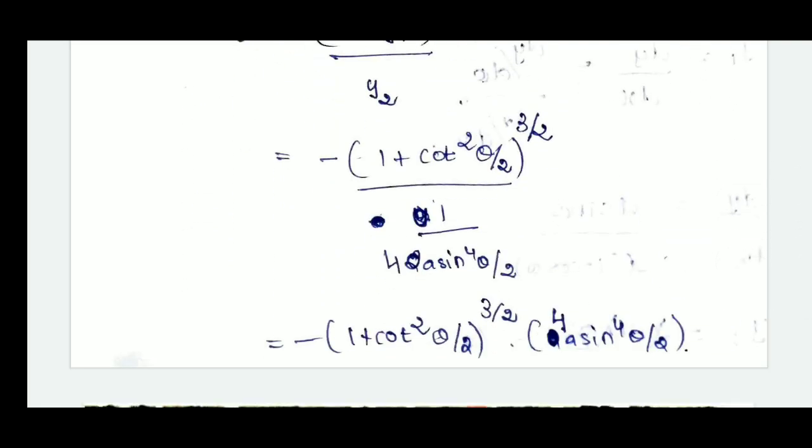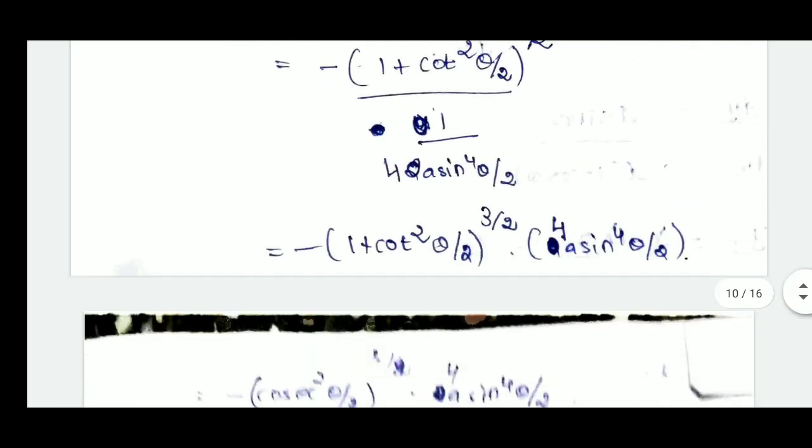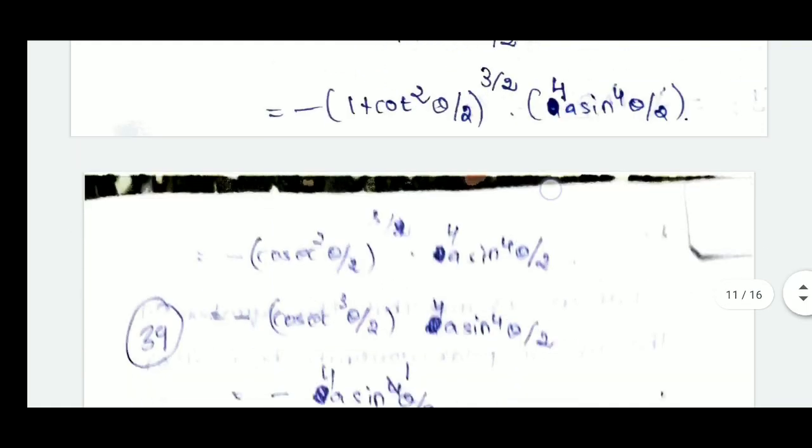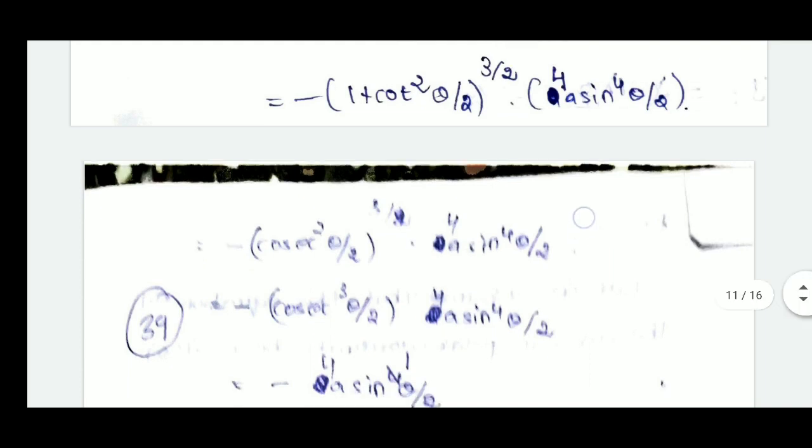Equal to 1 plus cot square theta by 2 the whole raised to 3 by 2, and we take the reciprocal of minus 1 by 4a sin raised to 4 theta by 2, so we get minus 4a sin raised to 4 theta by 2. The formula for 1 plus cot square theta is cosecant square theta. So we get cosecant square theta by 2, whole raised to 3 by 2, into minus 4a sin raised to 4 theta by 2. The power gets cancelled, 2 and 2 get cancelled.